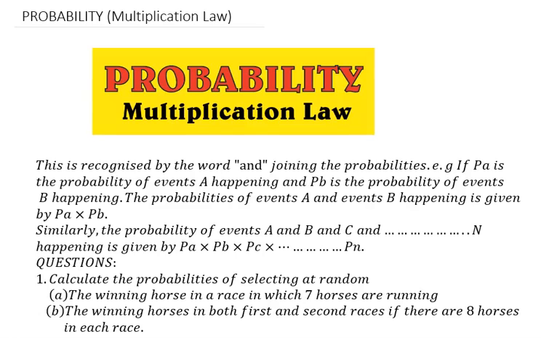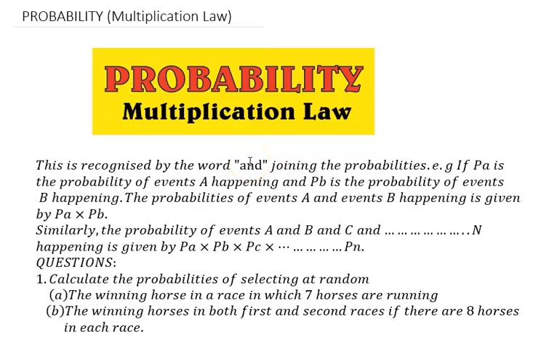As you can see on the screen, this is recognized by the word "and". When you say "and" in probability, they are asking you to multiply. When you say "and" in probability, they are asking you to do what? To multiply. So this is recognized by the word "and", joining the probabilities.